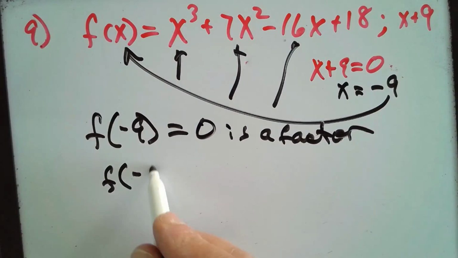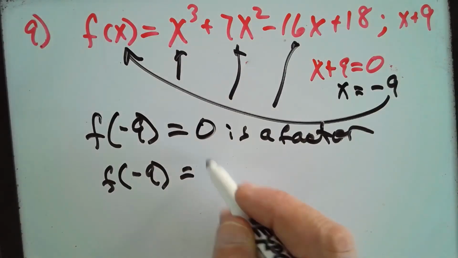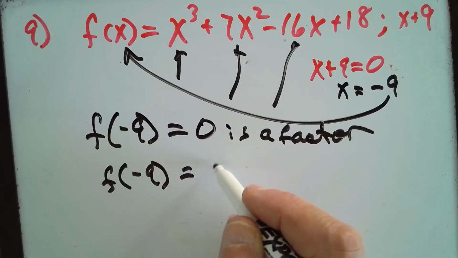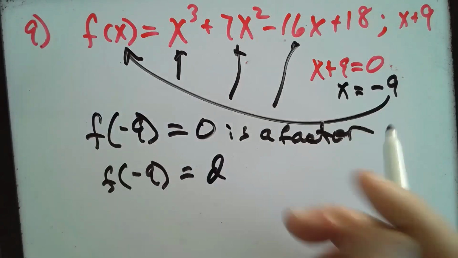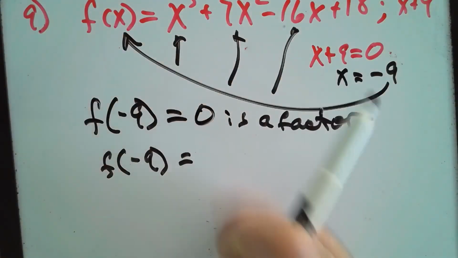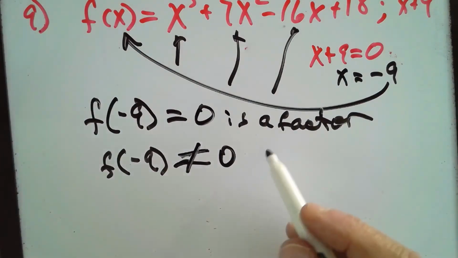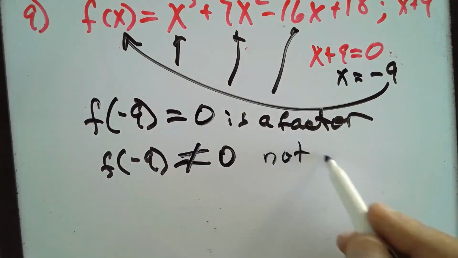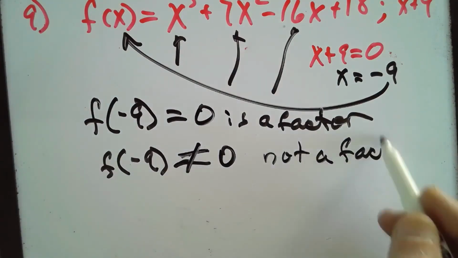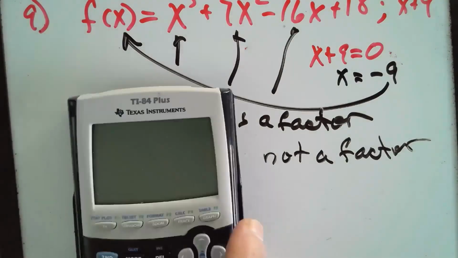If we substitute negative 9 and we get anything else, not a 0, then it is not a factor. All right, so we take our calculator.